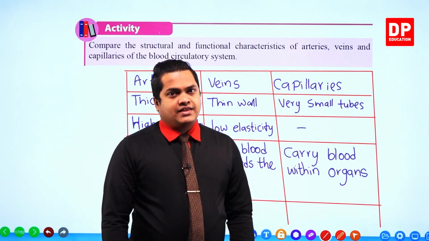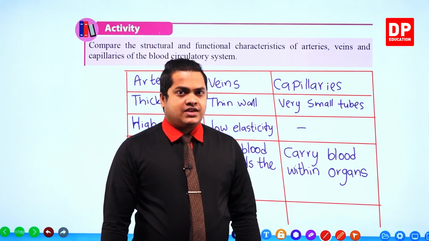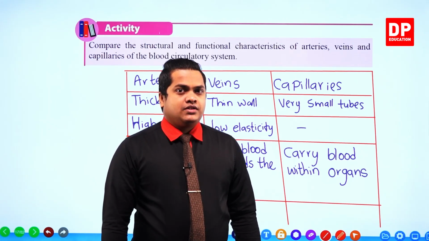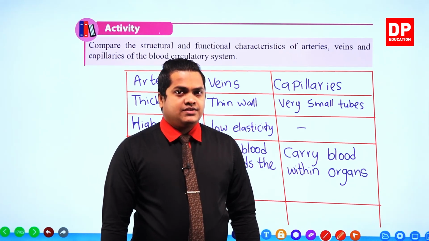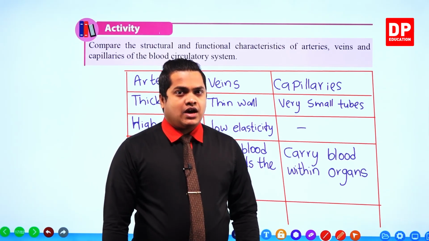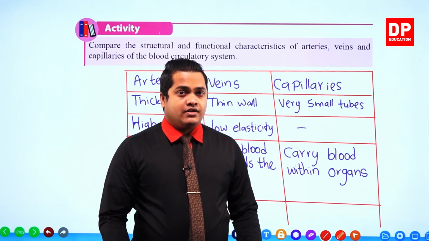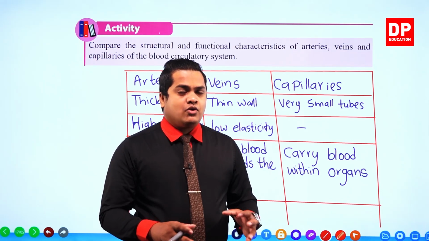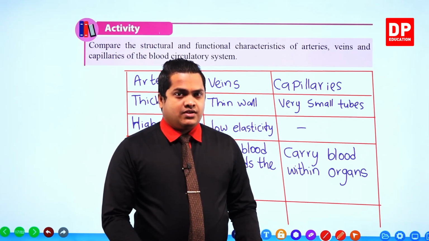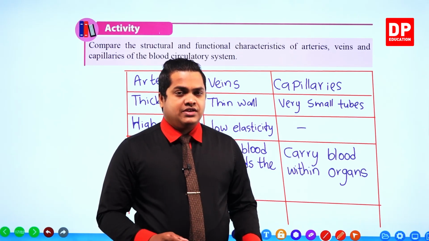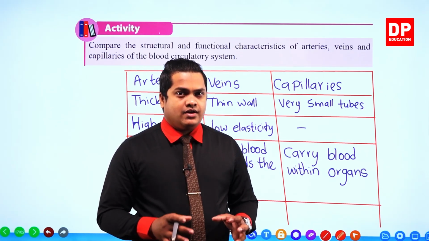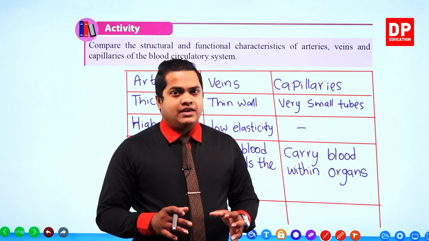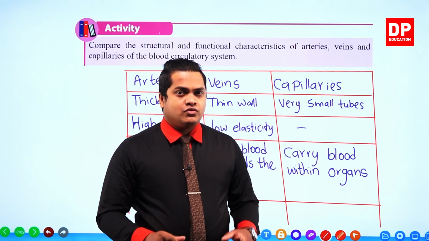So my dear children, with that, we have come to the end of our second chapter. In the second chapter, we discussed once again the main areas related to blood tubes and valves. Then we studied the 3D structure of the heart, and we identified how to identify the main parts of the heart, which include the 4 main chambers and the valves and the tubes that connect with the heart and so on, right?